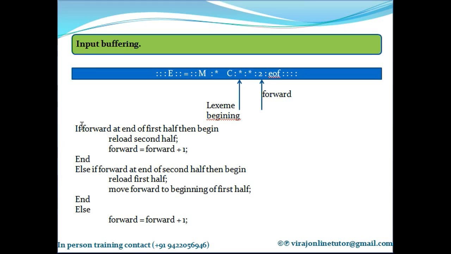So 1000 times we will be simply testing these two conditions, even though we know that the forward pointer is not going to satisfy either condition because the pointer is lying in between the buffer, right?